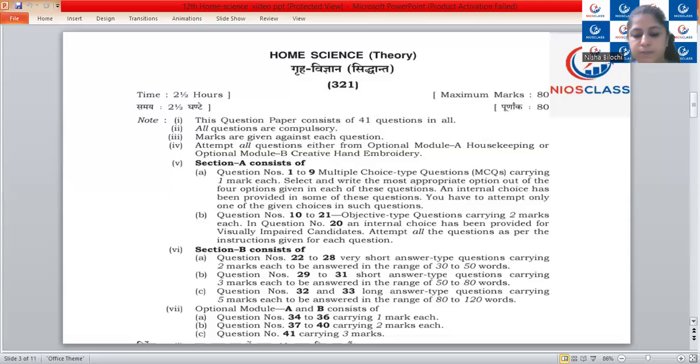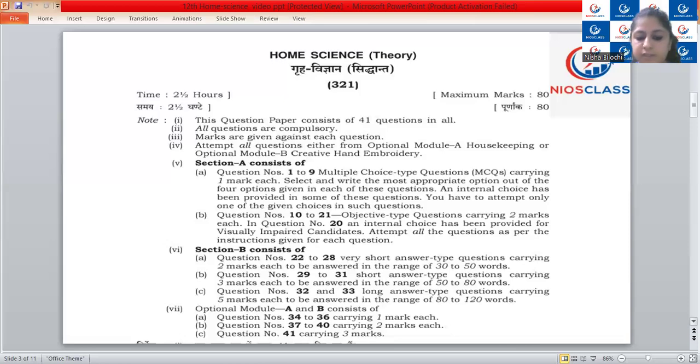Coming to section B, it is basically the descriptive one. The first one was more about the MCQs, and the second one is more about descriptive answers. Here you will find very short answer type questions from question number 22 to 28. From question number 29 to 31, you will find short answer type questions.